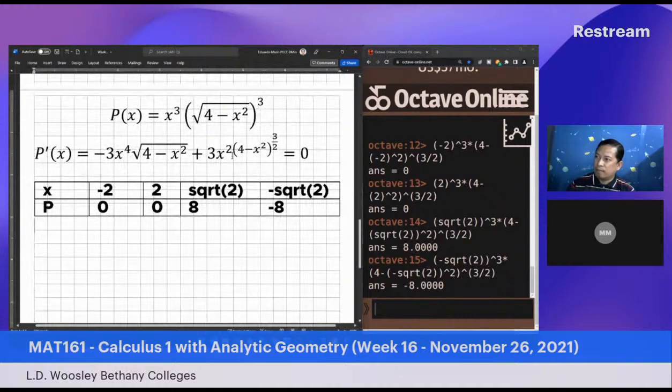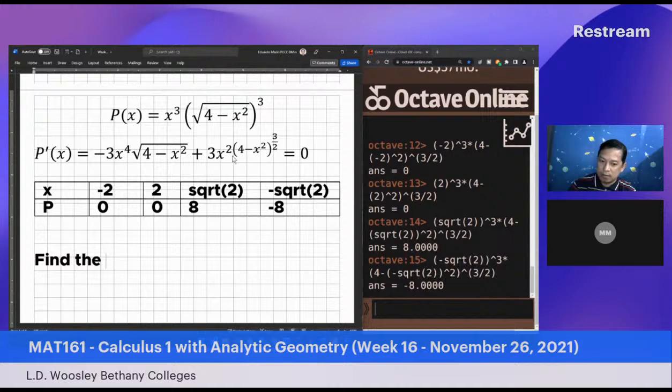Okay, so it says here, find the second derivative. Pag sinabing higher order derivatives, it could be second, third, fourth, etc. Derivative of y is equal to square root of x squared plus 1.